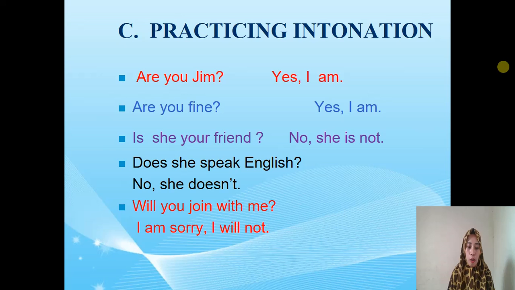Yes or no questions are usually spoken with a rising intonation. But WH questions and statements are generally spoken with a falling intonation.